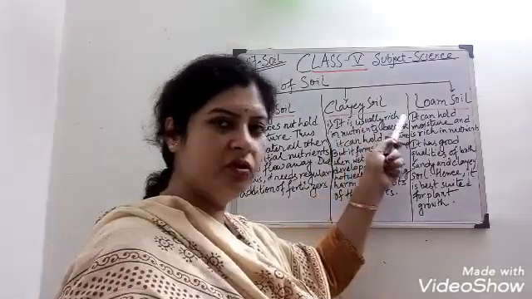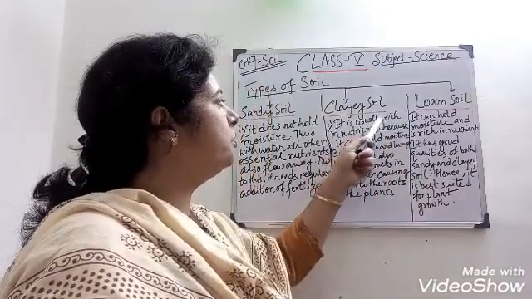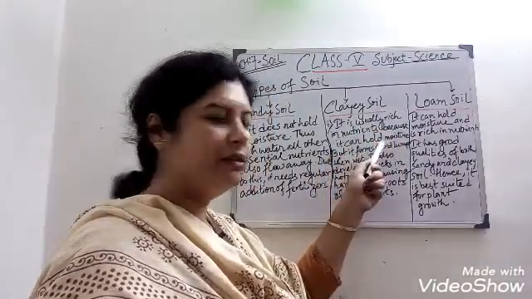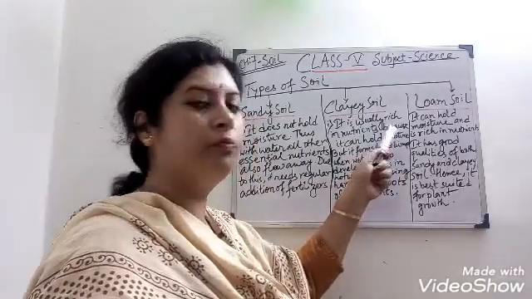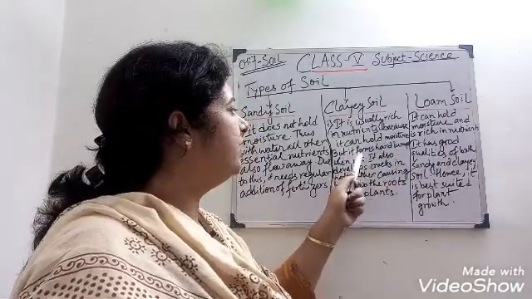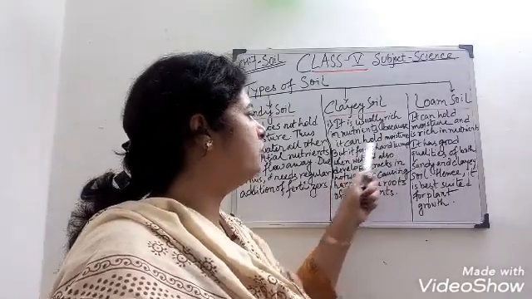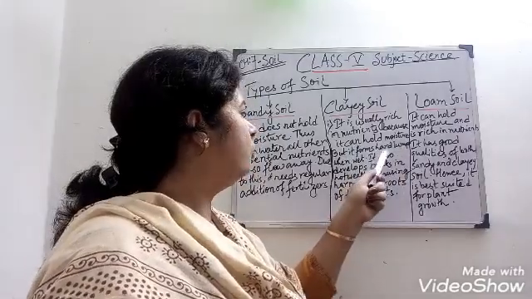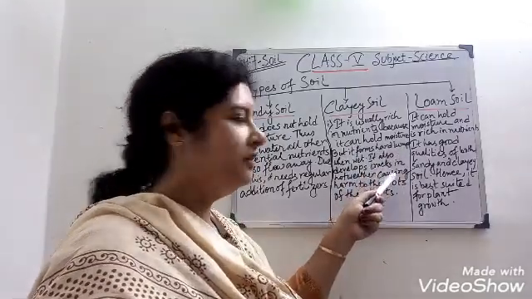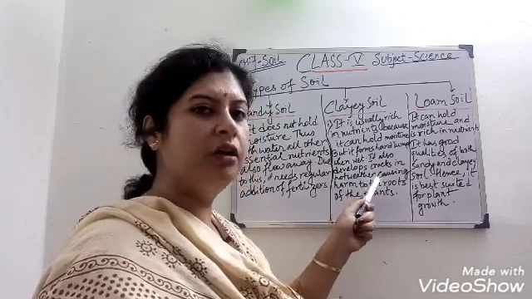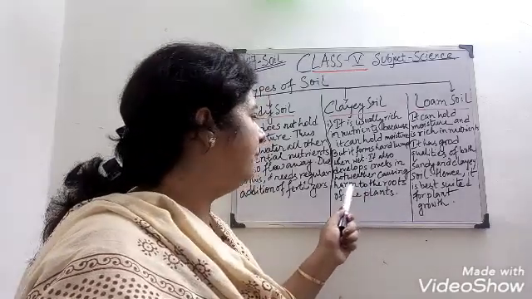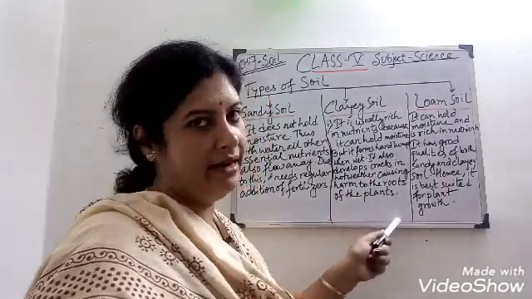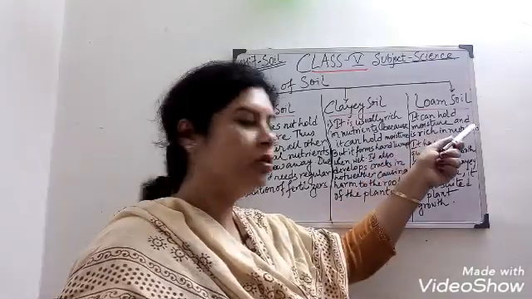Next, clay soil. It is usually rich in nutrients because it can hold moisture, but it forms hard lumps when wet. It also develops cracks in hot weather, causing harm to the roots of the plants. Next, loam soil.